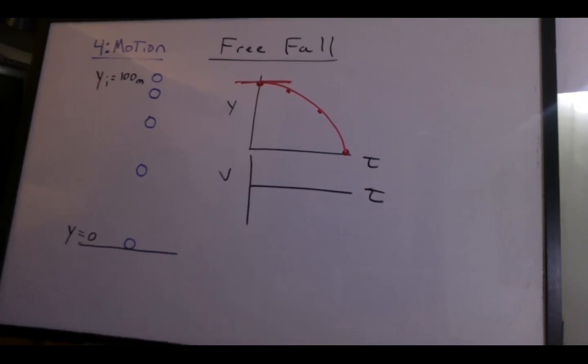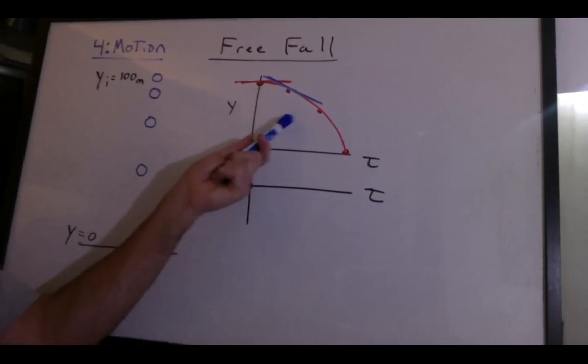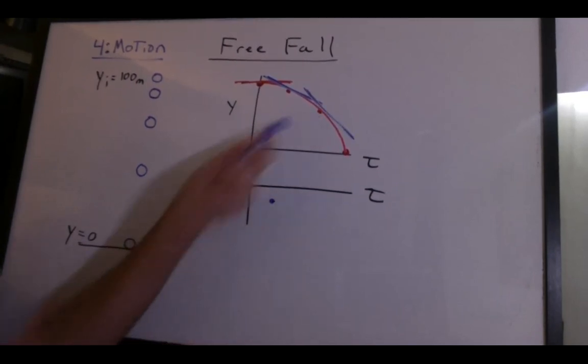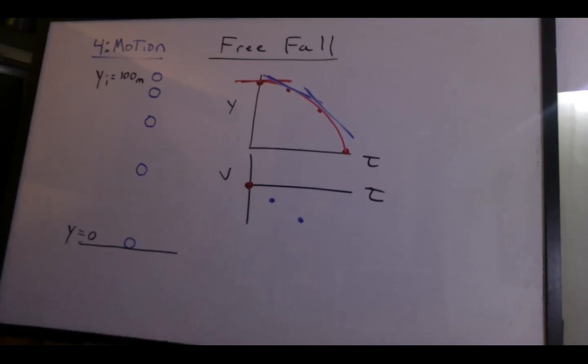To do the velocity versus time, we have to ask ourselves, what is the initial velocity? Start with the first point. 0 velocity. Now look at that slope. It's negative. So we have a negative velocity. The next slope, even more negative.